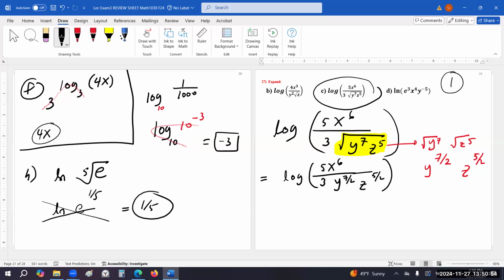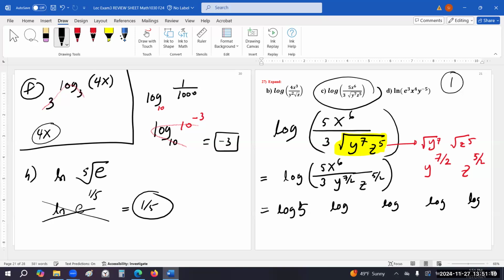So we distribute our log. It's not actually distributing, but you can think of it as distribution. How many logs are we going to have? 5. So log, log, log, log, log. The first one is log 5. And the sign goes between them.